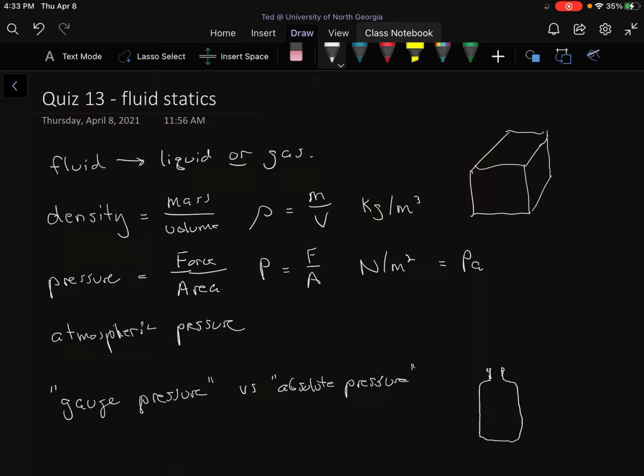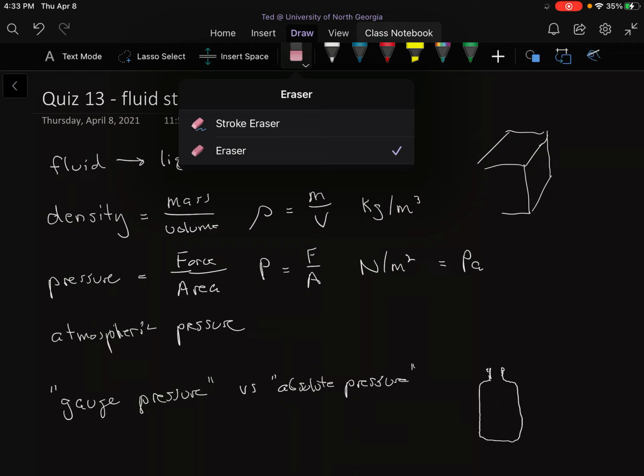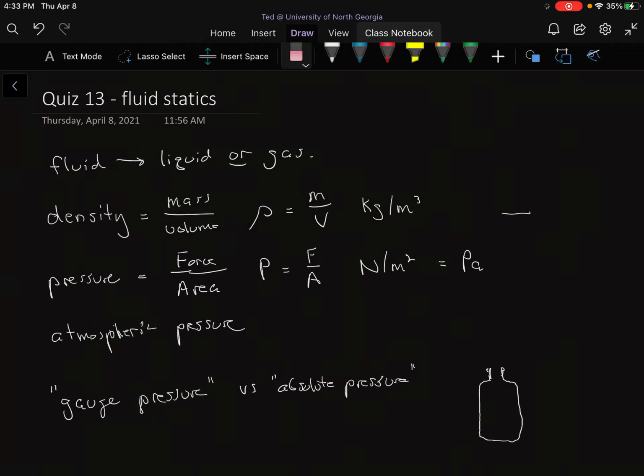It's such a large volume that a cubic meter of air is 1.2 kilograms, and a cubic meter of water is 1,000 kilograms. So anyway, we're just going to have to deal with using some rather large numbers for density because a meter cubed is such a large volume.